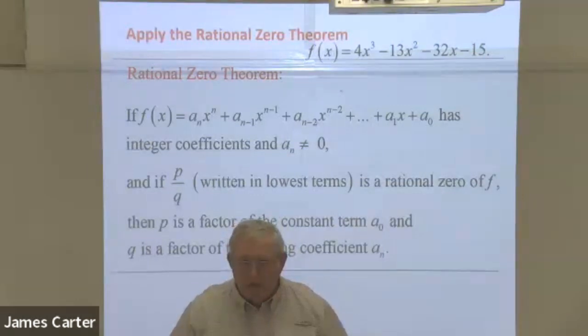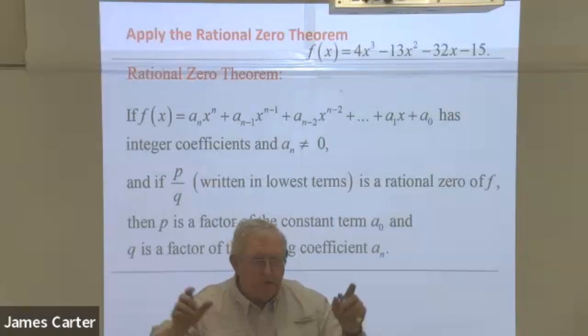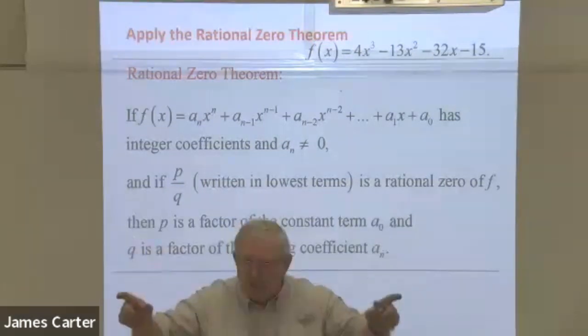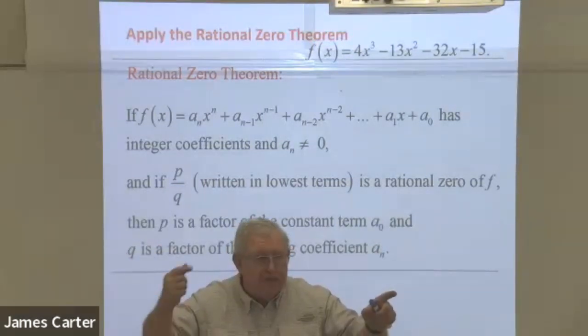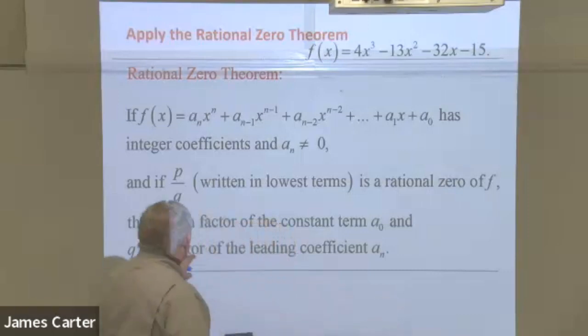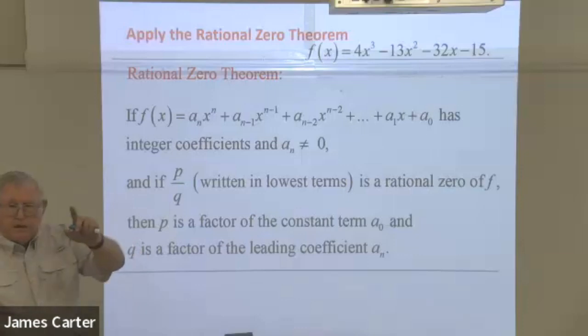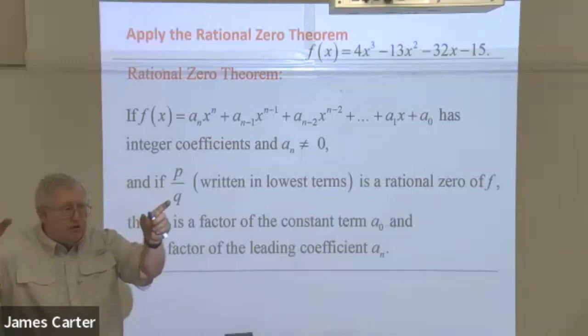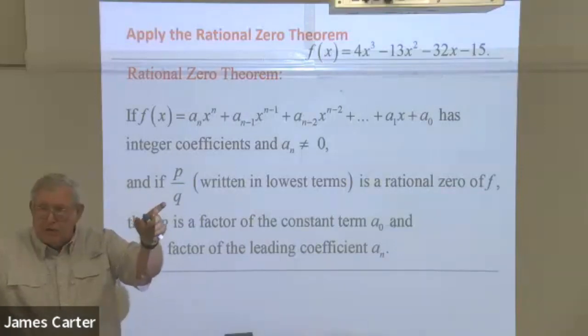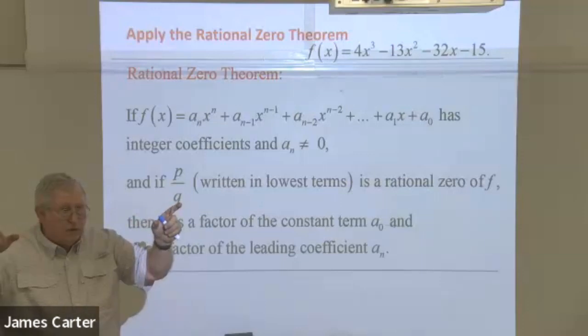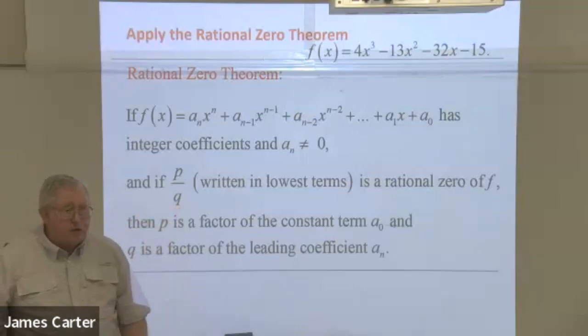Now think back to factoring. What was the first thing we found? The multiple pairs of numbers, didn't we? This is going to tell us in these two sentences that you're going to use those first numbers and those last numbers and their factors to find some of the possibilities.